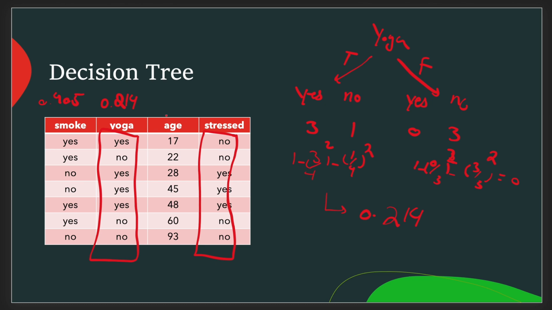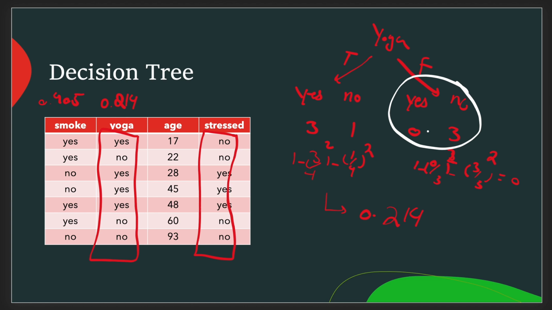Note that if you look at this node, this one in here, this is a pure node because the Gini impurity is 0, which means that we have 100% accuracy. If we get to this node in here, we for sure know that they are not stressed. As you can see, nobody's stressed here and some people are stressed there. So the accuracy of this node is 100%.